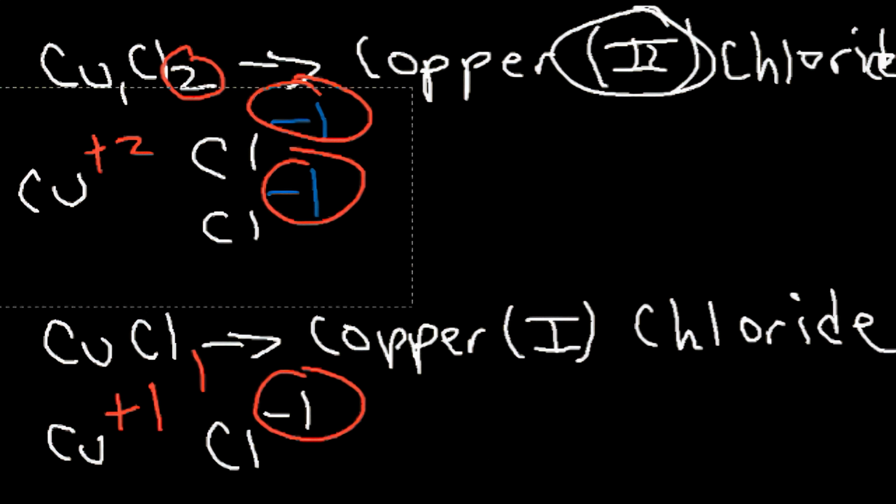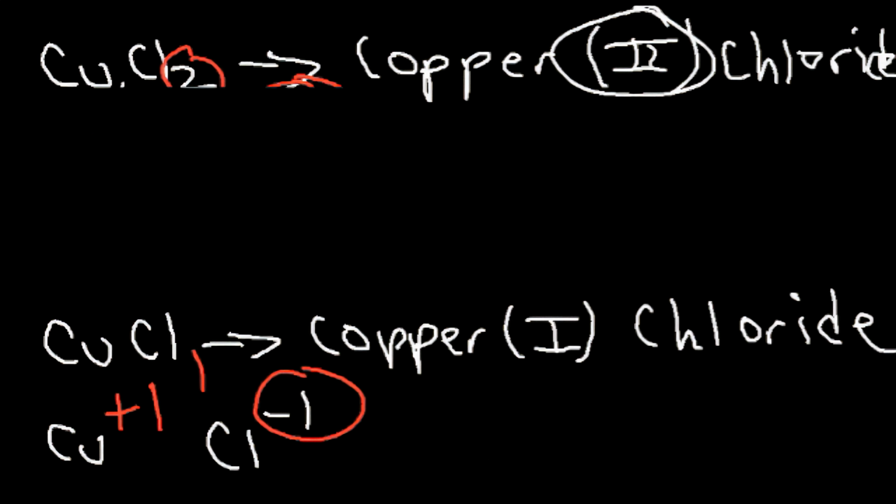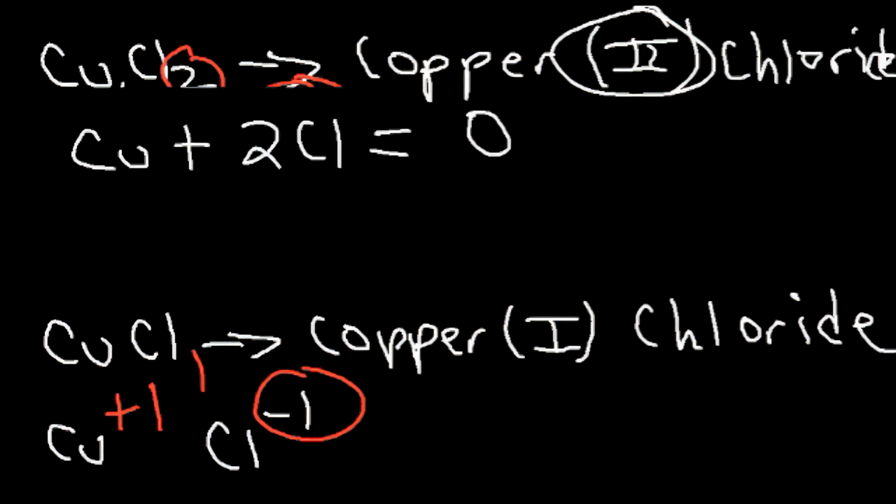Now it turns out there's another way you can calculate the oxidation state of copper, and that is by using an equation. Copper plus 2 chlorine atoms has to have a net charge of 0. Notice that there's no overall charge and the compound is neutral. If there was an overall charge, you'd see something like a -2 on the outside. So we need to solve for the charge on copper.